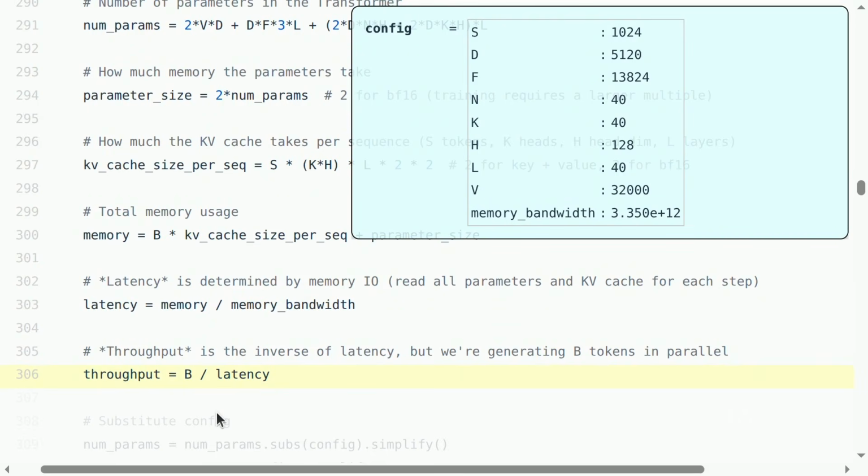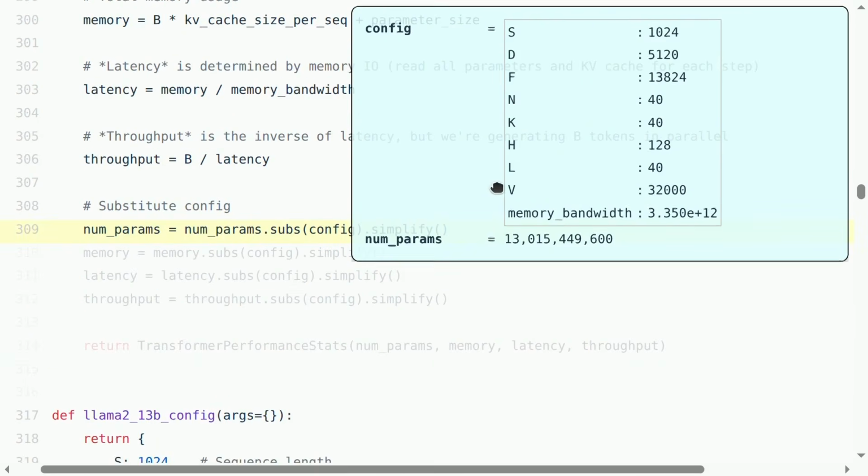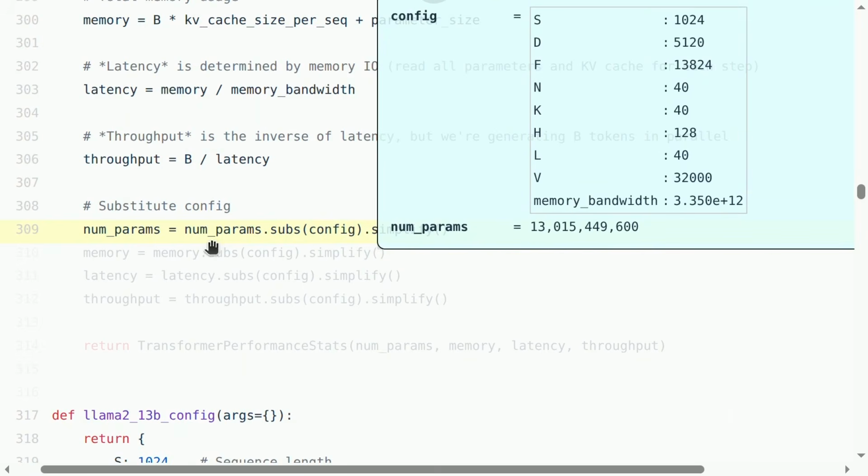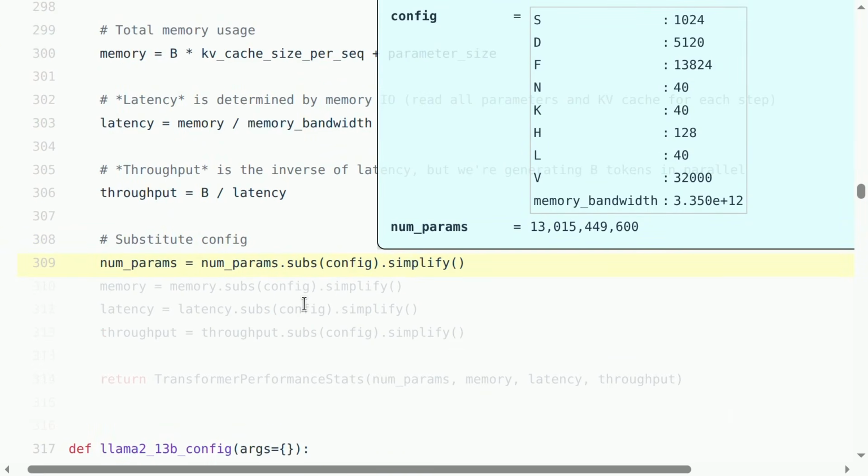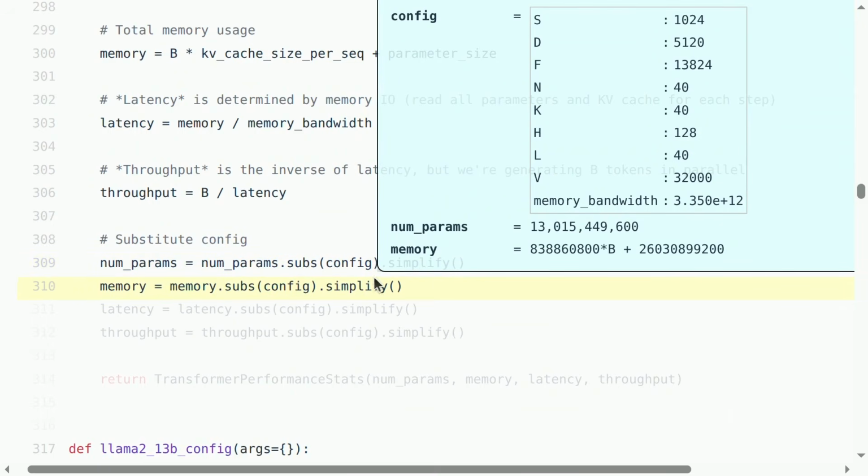Okay, so now let's compute for this config. What are these actual values? Okay, so num parameters is 13 billion. So a good sanity check that it is advertised as a 13 billion parameter model. Memory is this term, which is about 838 million times B. So it's basically a linear function of B, plus some other term.